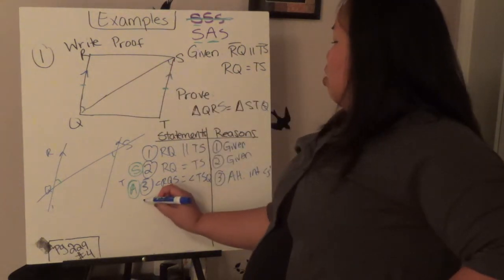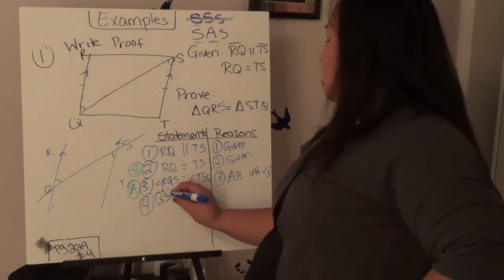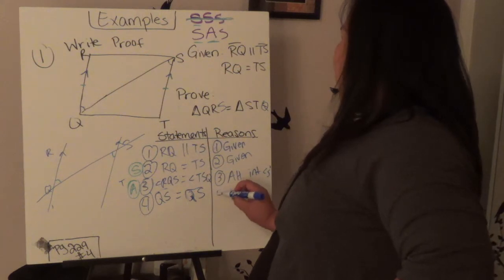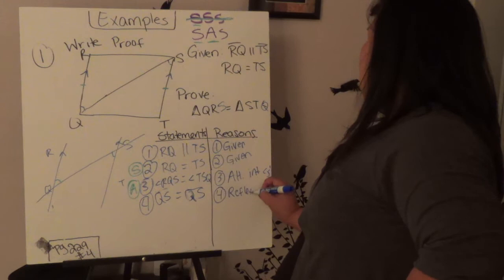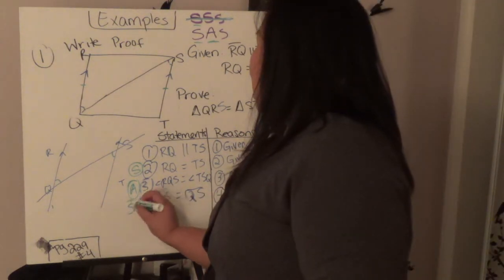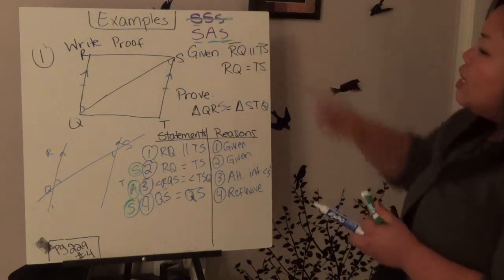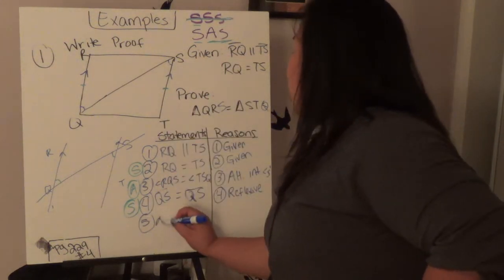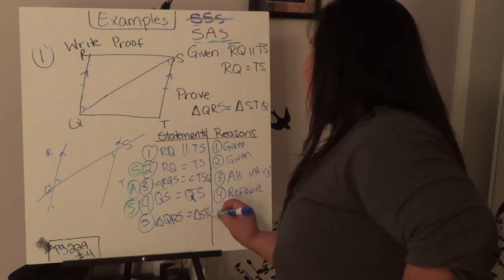That says that side QS equals side QS. This is called reflexive. Remember, a line equals itself. This is then called a side. So because I have this shortcut, it's telling me that now these triangles, triangle QRS equals triangle STQ.